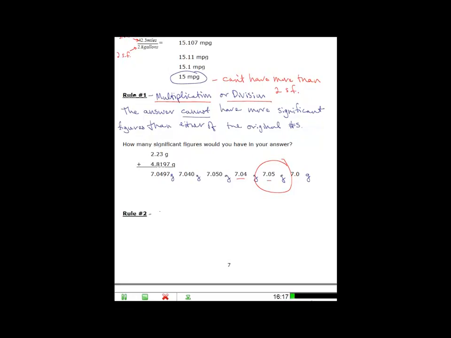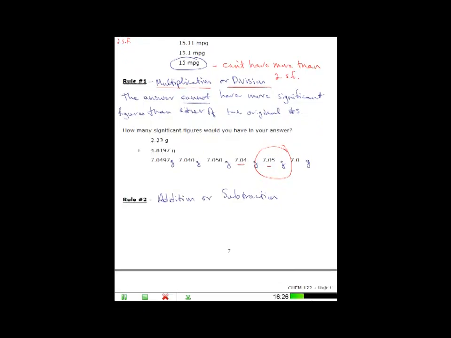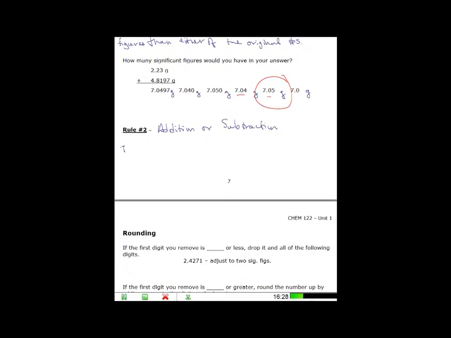So let's go over rule number 2. Addition or subtraction. With addition or subtraction, the answer cannot have more digits after the decimal point than either of the original numbers.